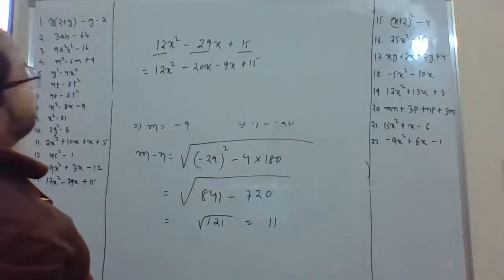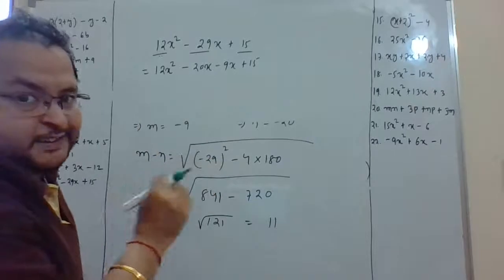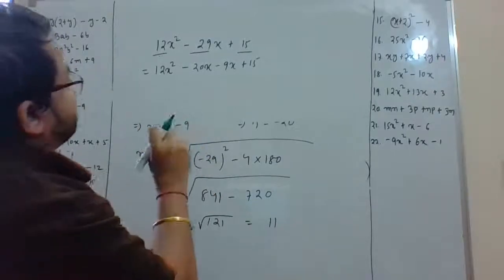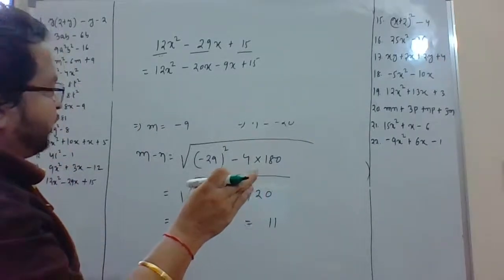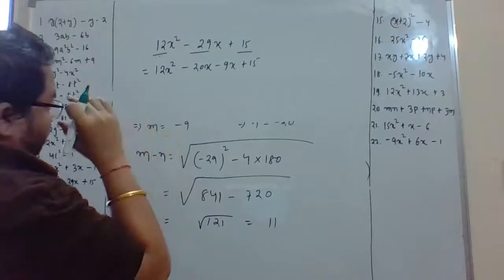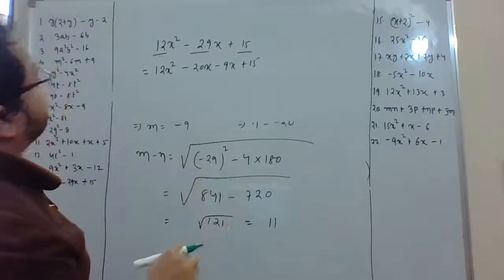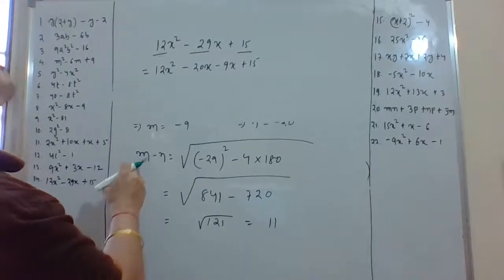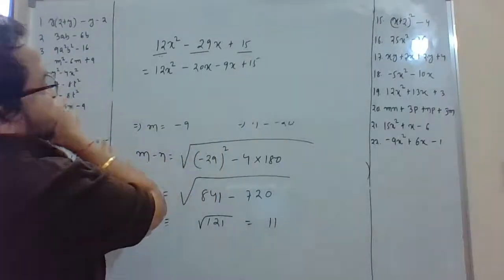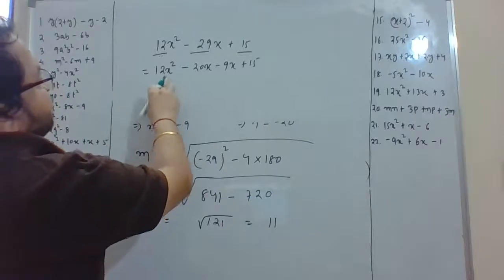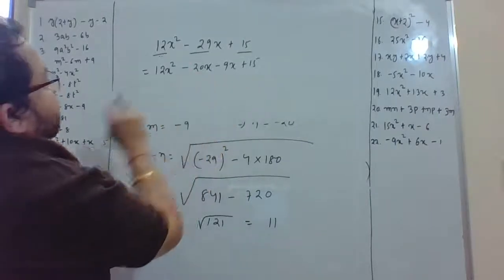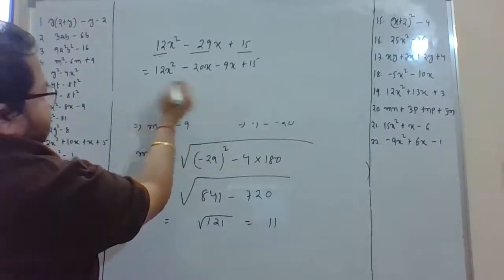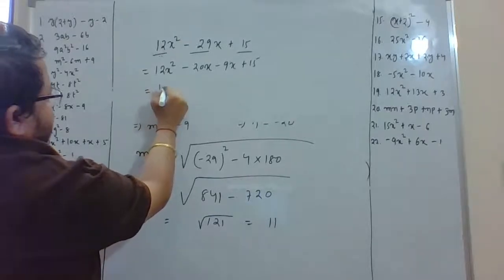So we need to shuffle these to get the right set of pairs and do your grouping by two. So let us go ahead and do that. So if I take between 12x squared and 15, let us check, because we do not know which one to be taking.